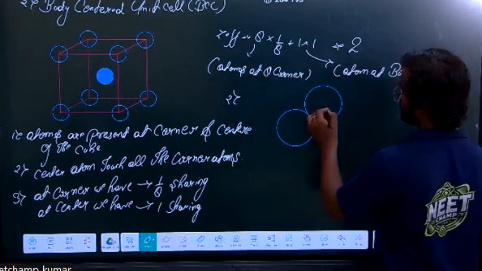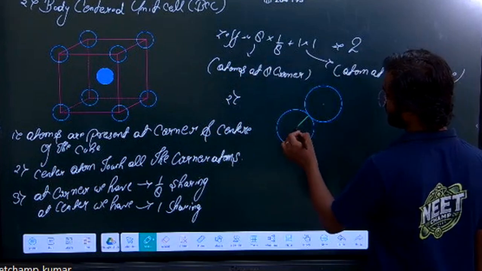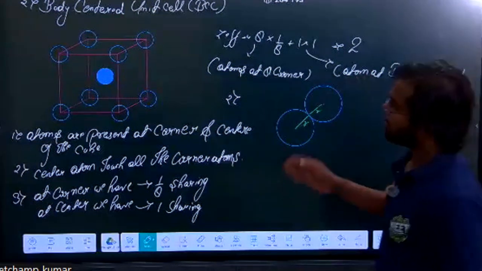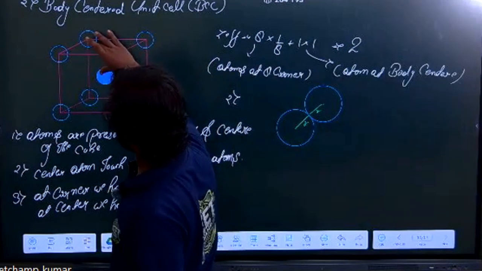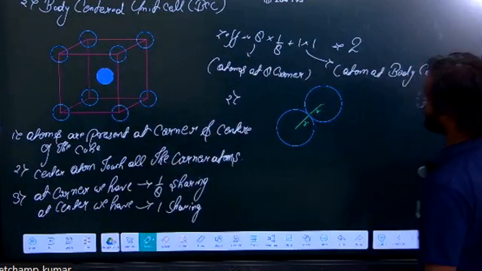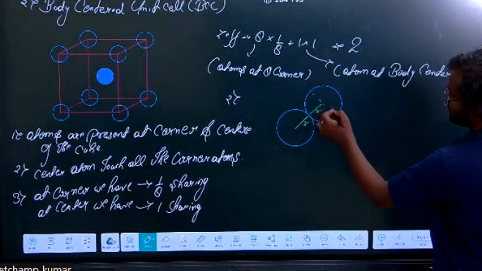So suppose this is my center, and this distance is r, this distance is r, and I'm taking these two atoms, right? So this is my body diagonal, right?